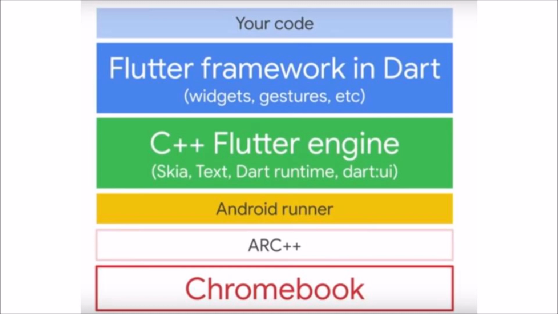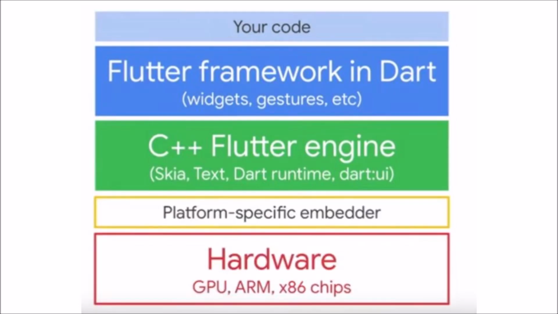Chrome OS supports Android apps and it is a target platform for Flutter, and also the operating system itself is Chrome, which is made with Skia and a web engine. So for all other desktop apps for all major platforms, the layer below must be platform specific, like Linux, Windows, macOS.